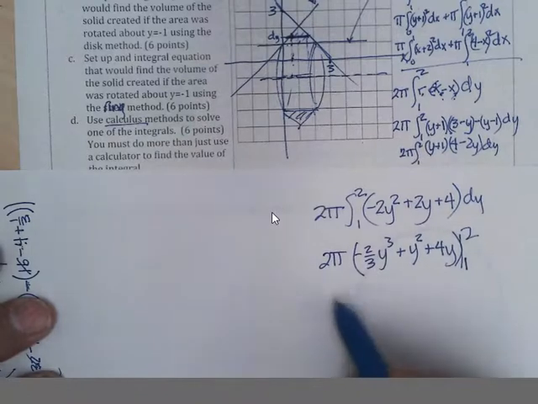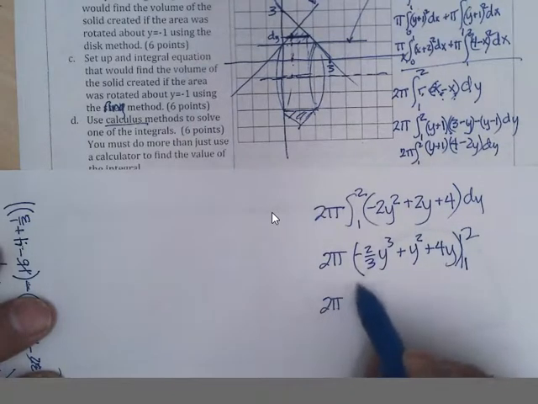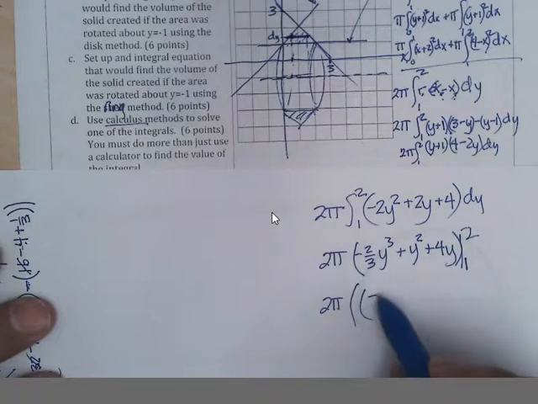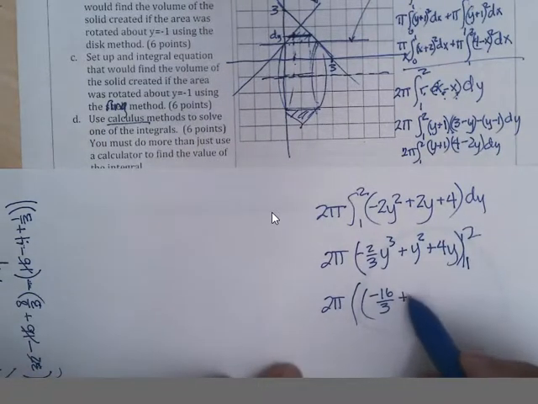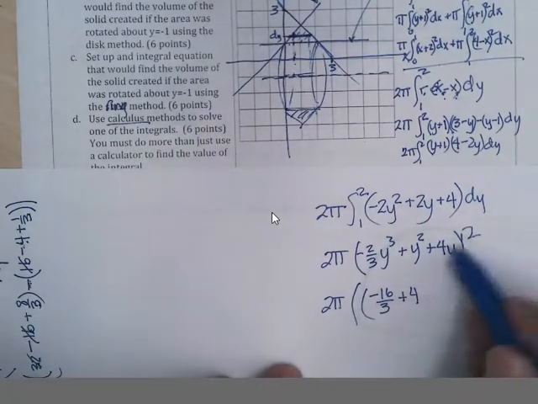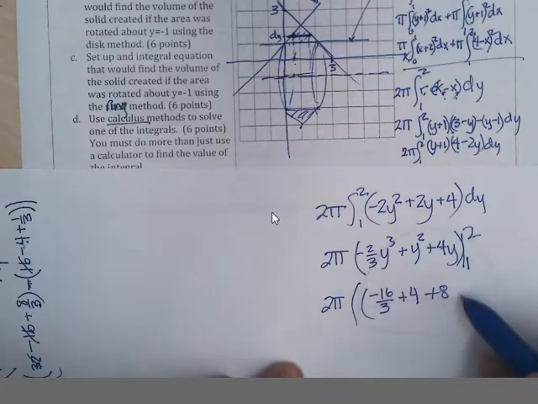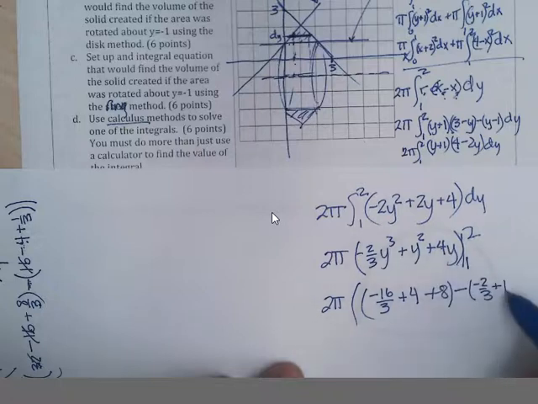So if I put 2 in there, that's minus 16/3 plus 4 plus 8, minus, putting 1 in there, it's minus 2/3 plus 1 plus 4.